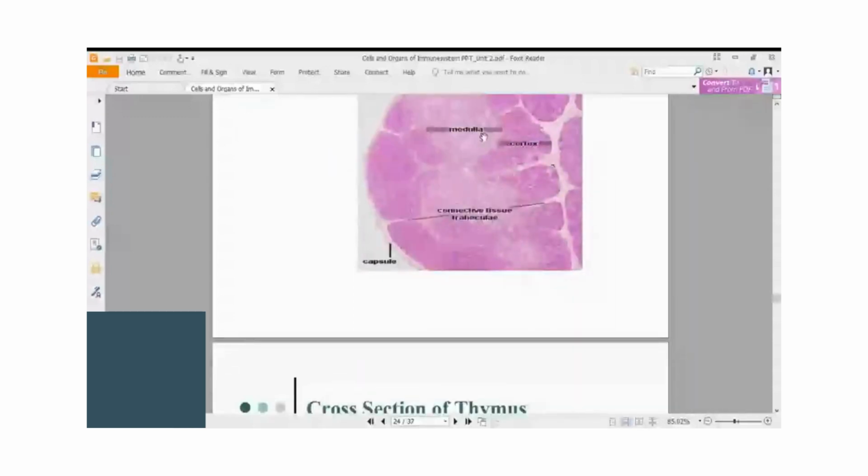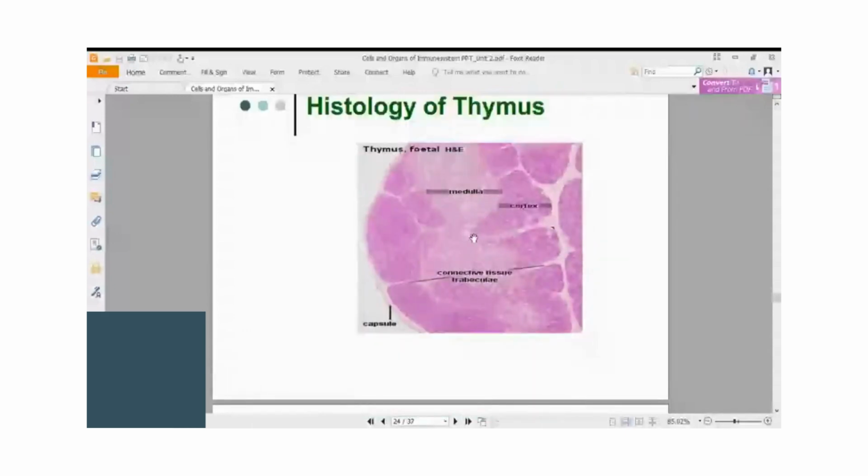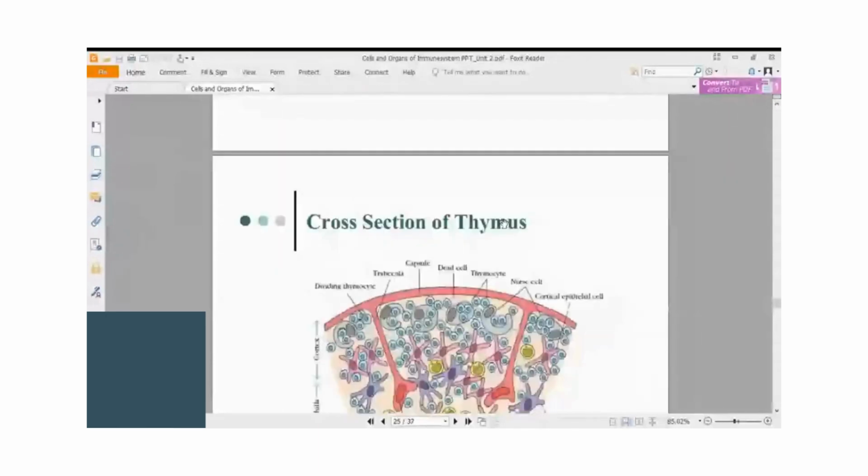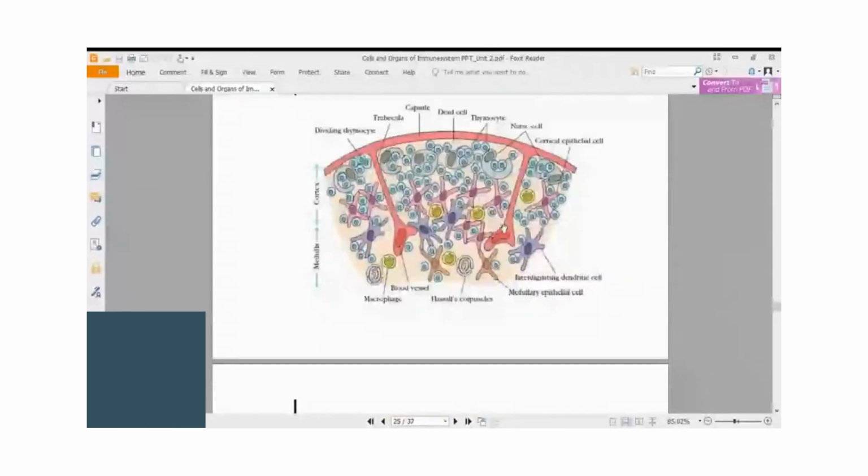Here it is labeled as cortex and medulla, meaning this lobule, the lobule that is surrounded by the connective tissue here, has a central area called medulla, and the peripheral area is called cortex. So if you take one lobule, it can be pictured diagrammatically like this.